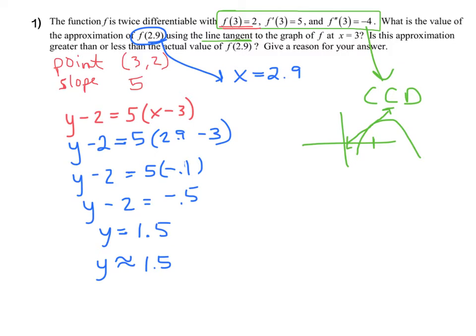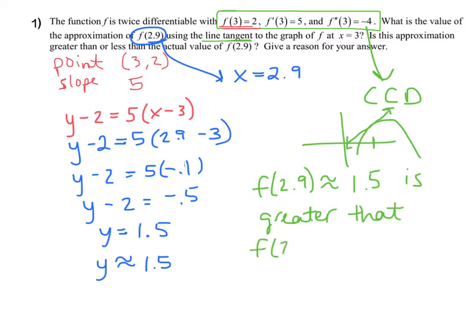So I would go ahead and say that f of 2.9, which was approximately 1.5, is greater than the actual f of 2.9.